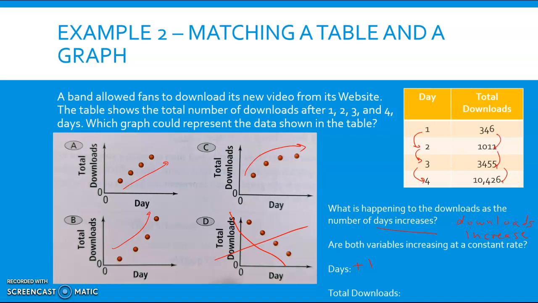So I would say if you look at this, I've done the math already. You could use a calculator. You just need to find the difference between each interval here. So if this is interval 1, this is 2, and this is 3, the total downloads on interval 1, you just find the difference of 1,011 minus 346, and this is positive 665.